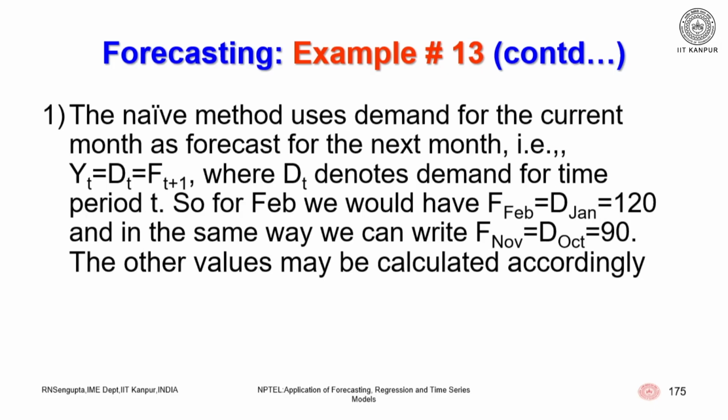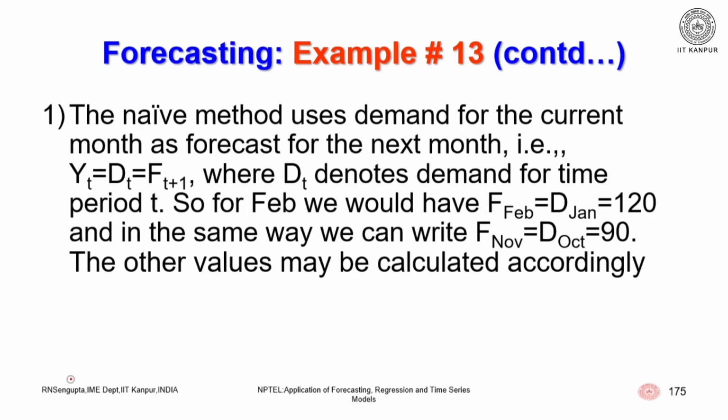From the data, the naive method uses the demand for the current month as the forecast for the next month, which we all know. So, the y value for today will be utilized as the best predictor for tomorrow. Here we are using the symbol D for the demand, which is equal to y.